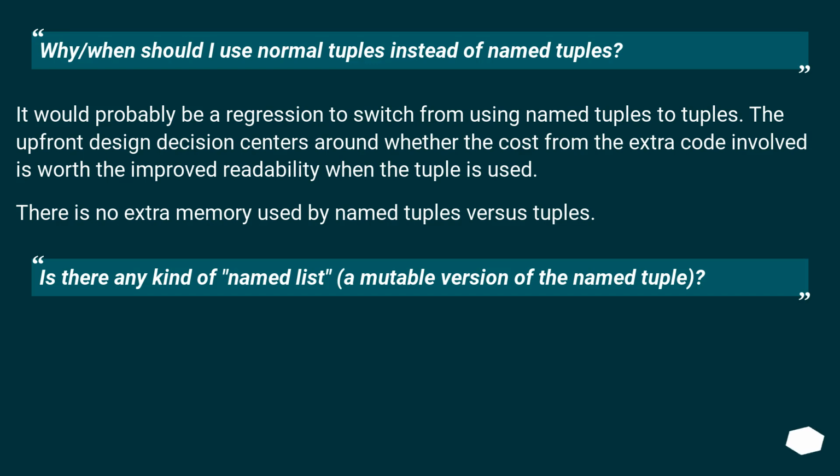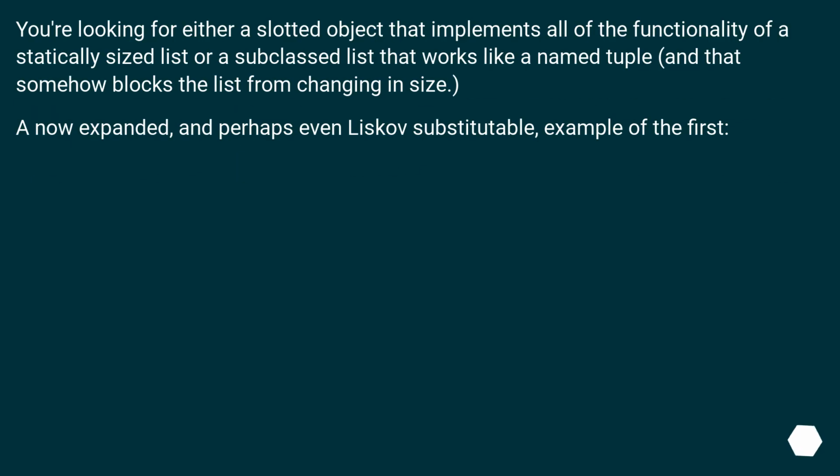Is there any kind of named list, a mutable version of the named tuple? You're looking for either a slotted object that implements all of the functionality of a statically sized list, or a subclassed list that works like a named tuple, and that somehow blocks the list from changing in size.